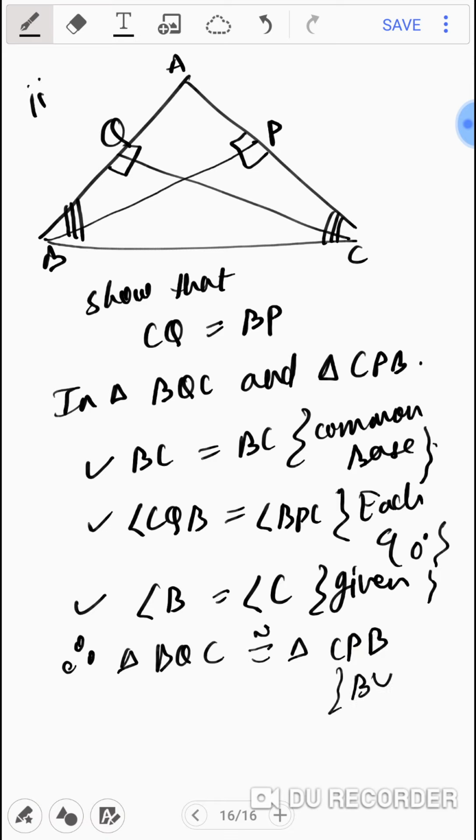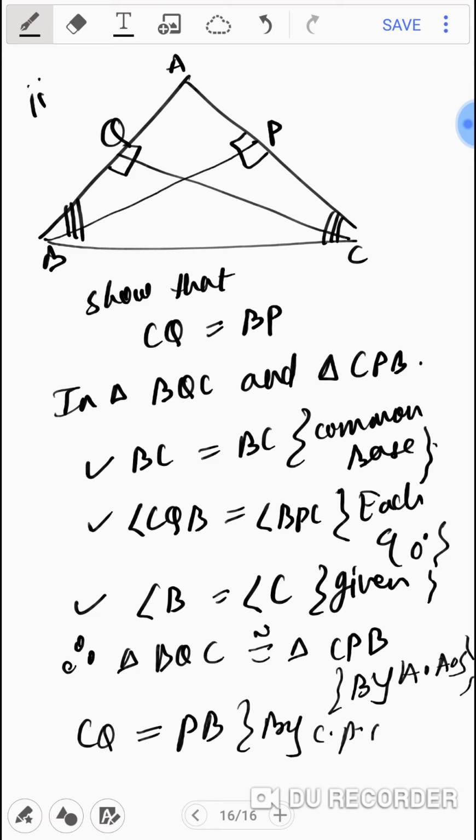By which test? Again angle, angle, side test. Once you get this, you can write that CQ is equal to PB by CPCT. Say PB or BP, it's one and the same thing, by CPCT. Got the point clear? Okay, I'll pack up here. God bless.